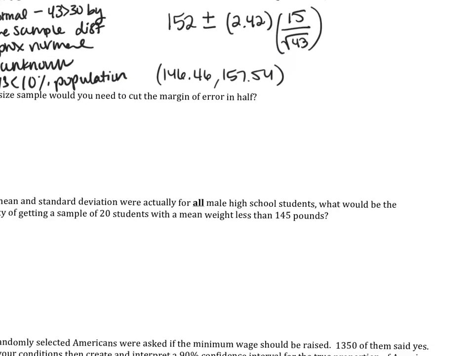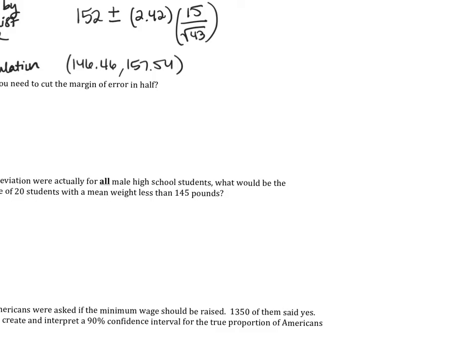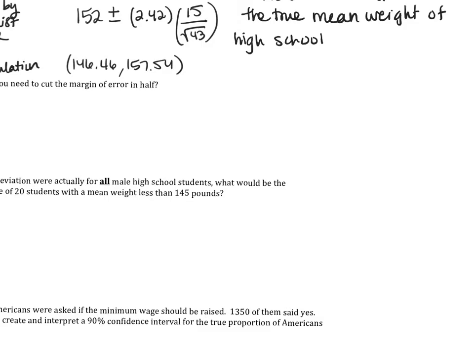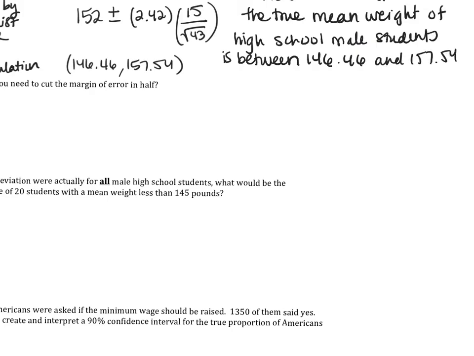So now, of course, we're going to interpret this in context, and that is we are 98% confident the true mean weight of high school students, I guess they're male students, is between 146.46 and 157.54.